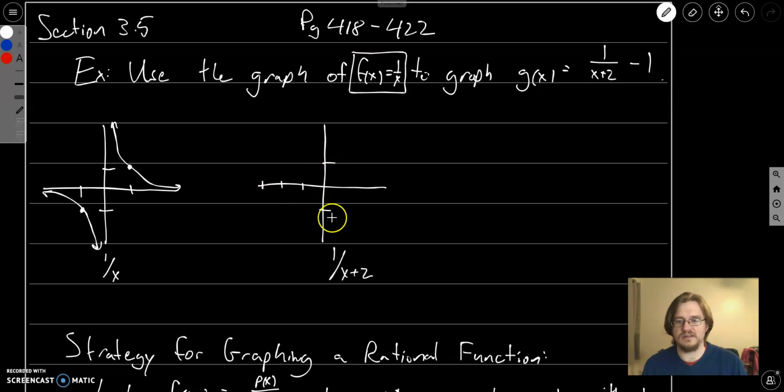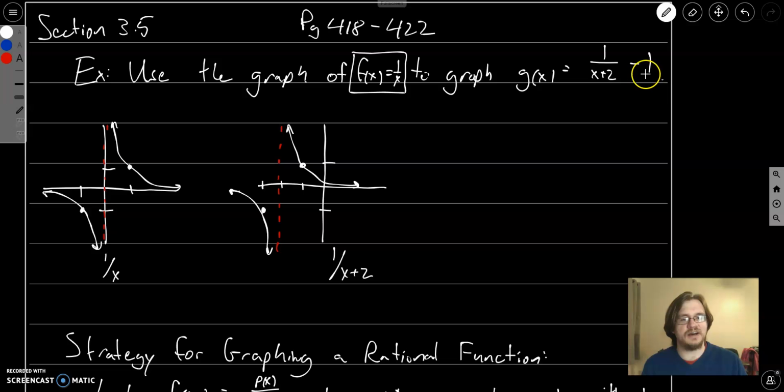Now, instead of having this point at 1, negative 1, it will be at negative 3, negative 1. And this point here, the 1, 1, we've shifted to the left 2. And our vertical asymptote, which is right here in the middle, we've shifted left 2. So now our function looks something like this. Okay, so we just shifted that to the left 2.